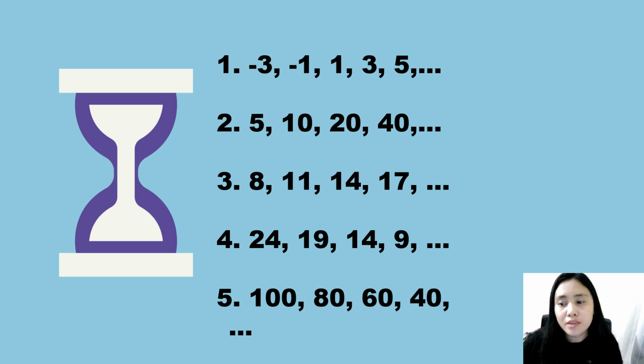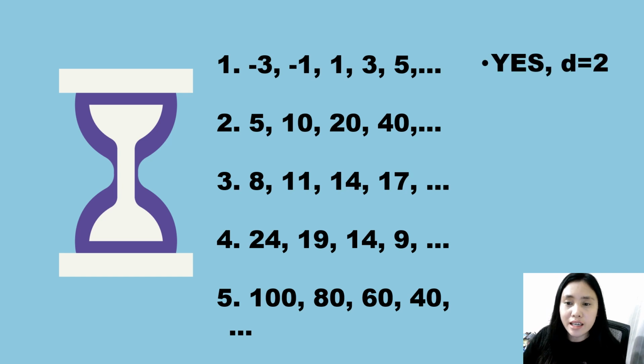Time's up. The answer is yes. It is an arithmetic sequence with a common difference of positive 2. Number 2. The answer is no, it's not an arithmetic sequence.